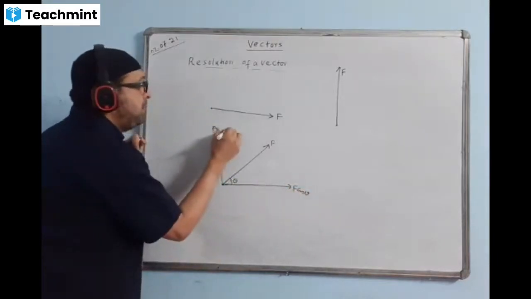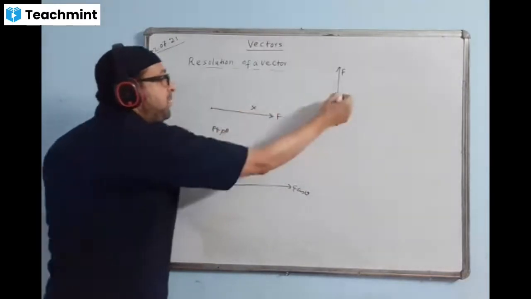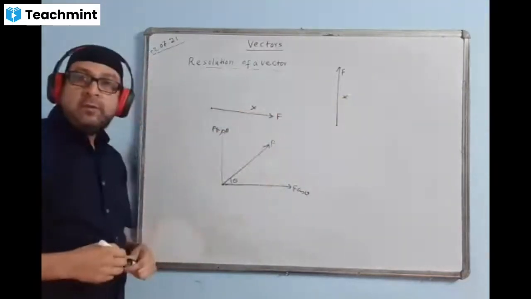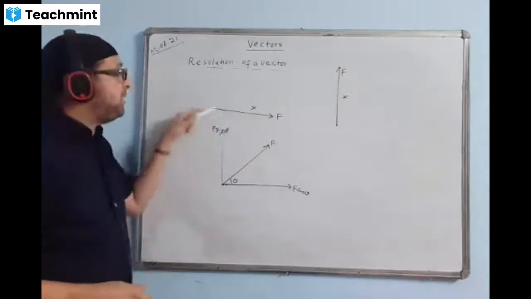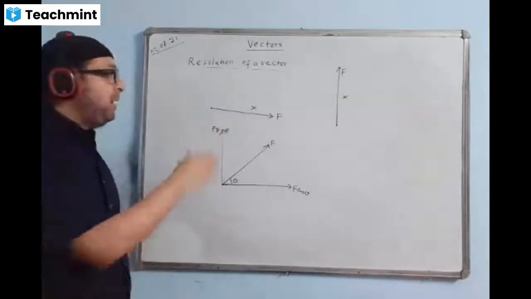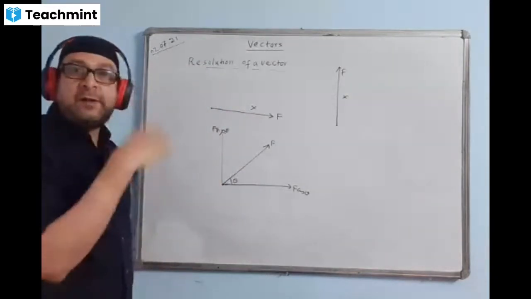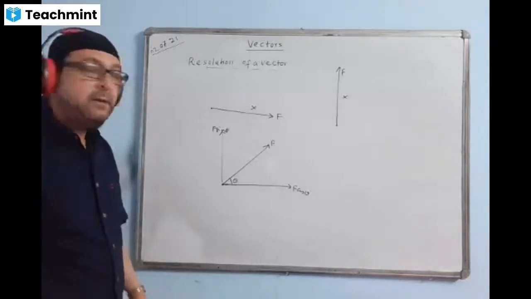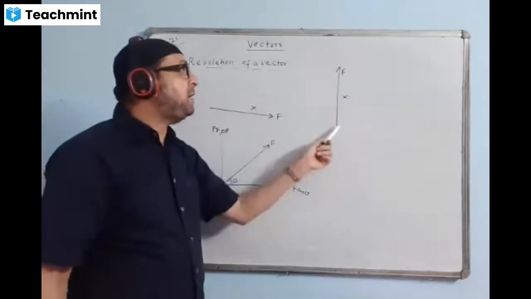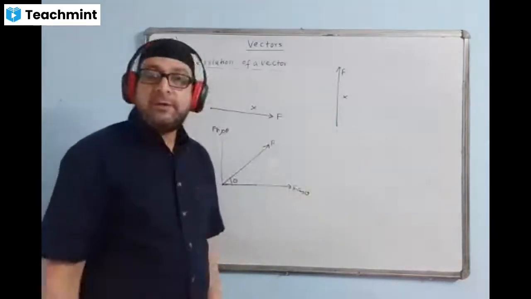This one we cannot break into components because it is purely horizontal, so its vertical component is 0. There is no vertical component, that means we cannot break. This is purely vertical, it will not have any horizontal component.